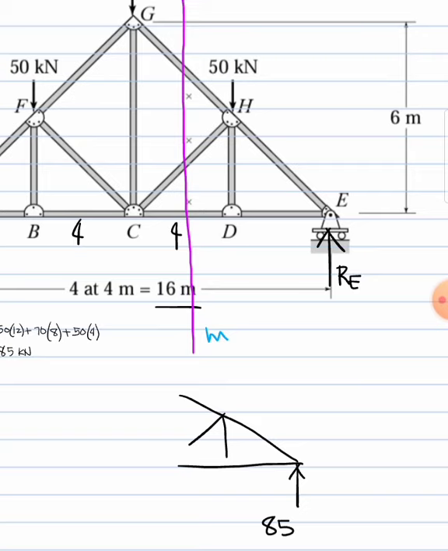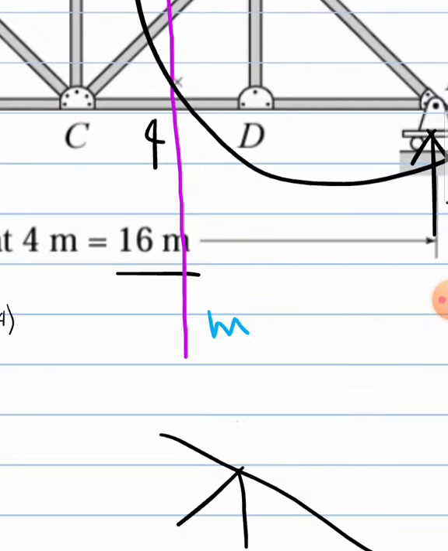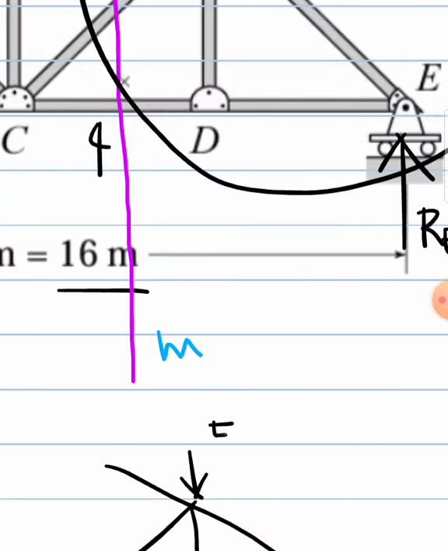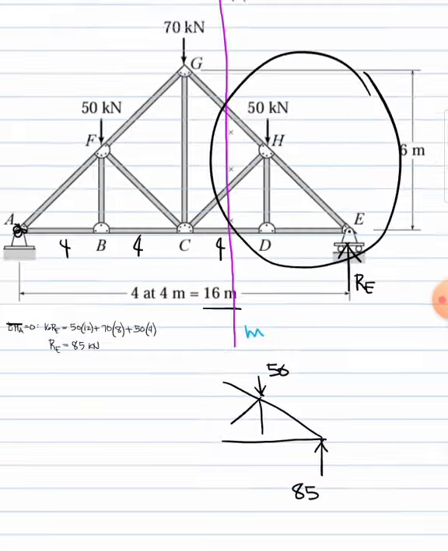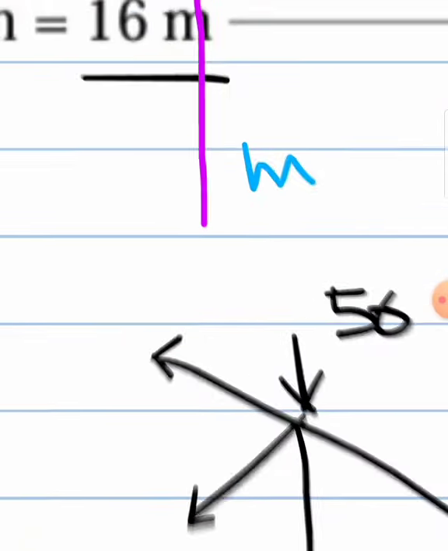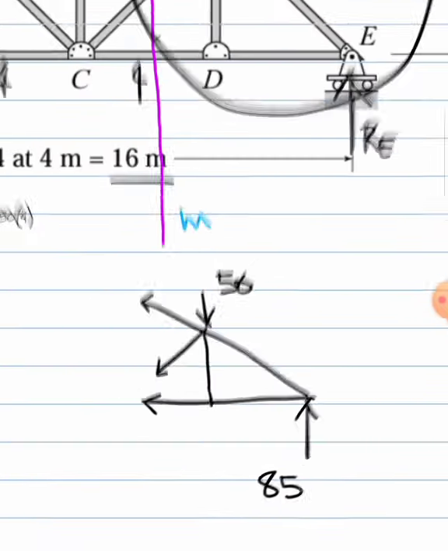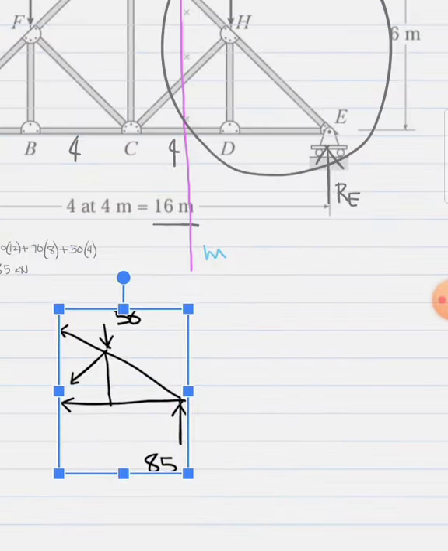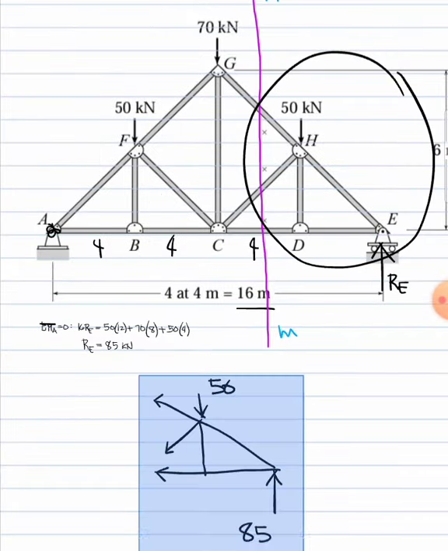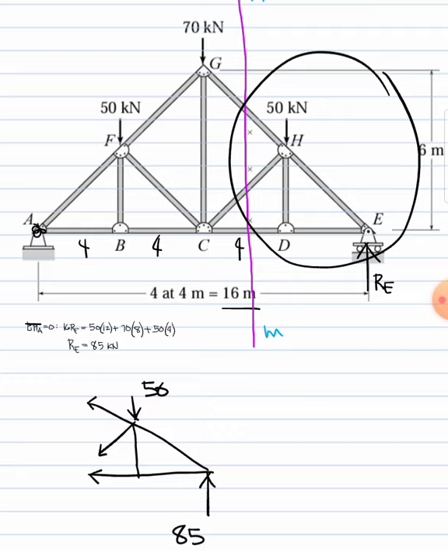Then, since it is the only part here that has a load, we will write here 50 kilonewtons, and assume all of these members as tension. Because if we ever get a negative sign, we can just take the opposite assumption. If it is negative and we assumed tension, therefore the correct one is compression.